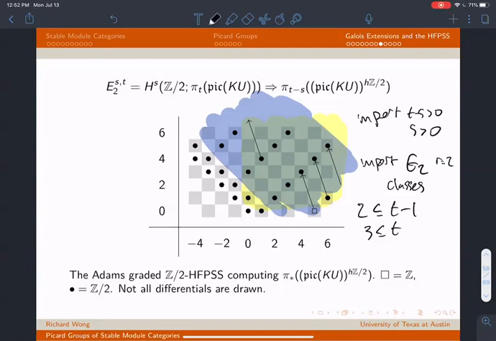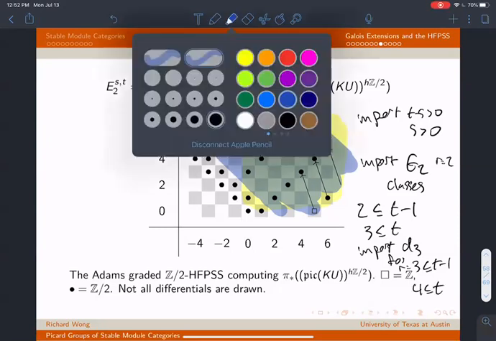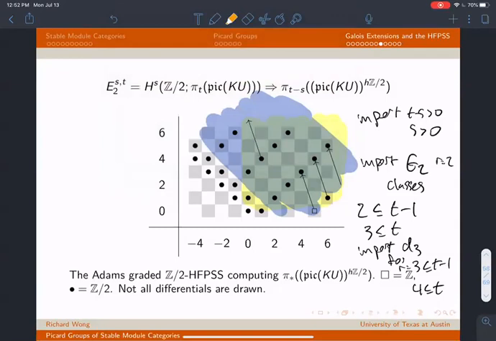And we can also import the d3 differentials for t minus 1 bigger than 3. So for t bigger than or equal to 4, we can import the d3 differentials. Now this is getting kind of messy, but we can import any d3s that fall in this orange range.